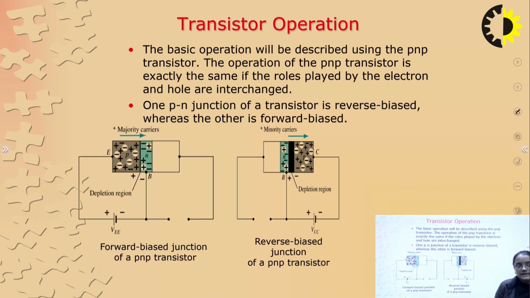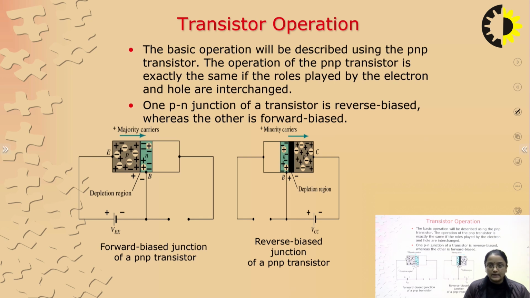Now the next subtopic that comes under the BJT is the transistor operation, that is how it works. Basically, it works in two types of condition. The first is when it is forward biased, and the other condition is when it is reverse biased. So what is forward bias and what is reverse bias?